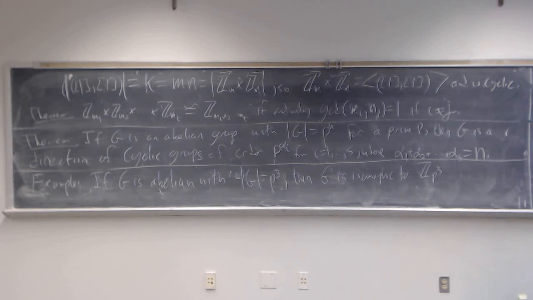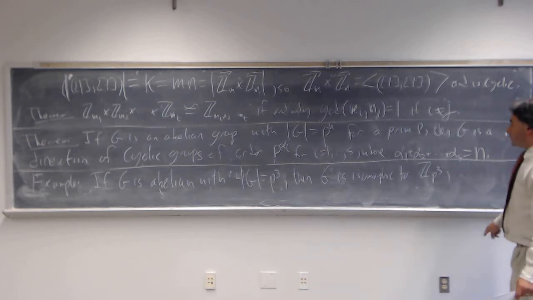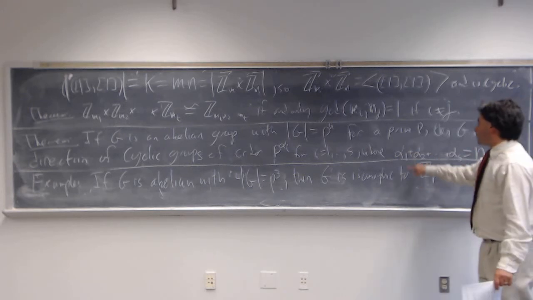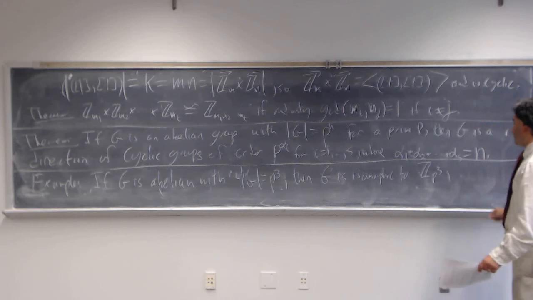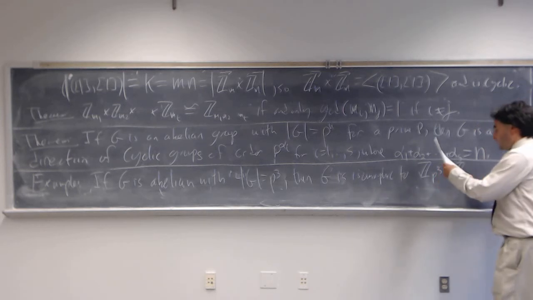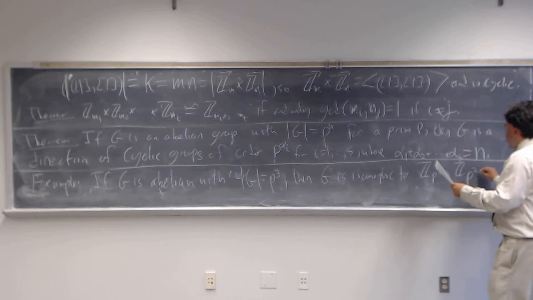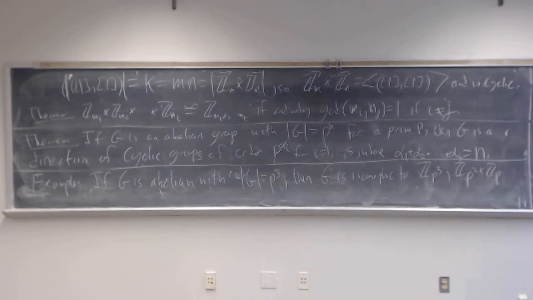So that's one choice. It could be cyclic. How else could we break this up? Well, you could go 1 plus 2 equals 3. So you could have Z p squared cross Zp.